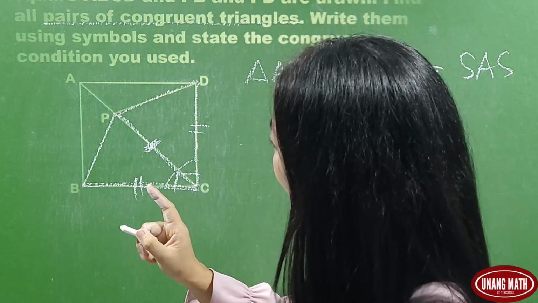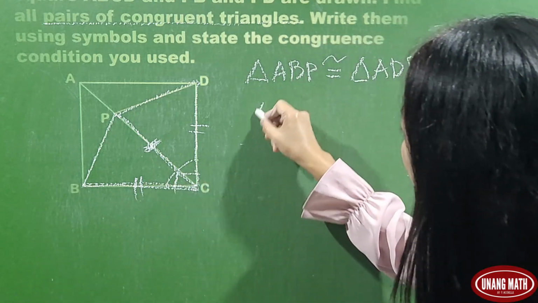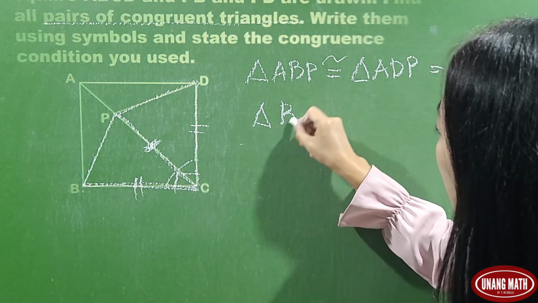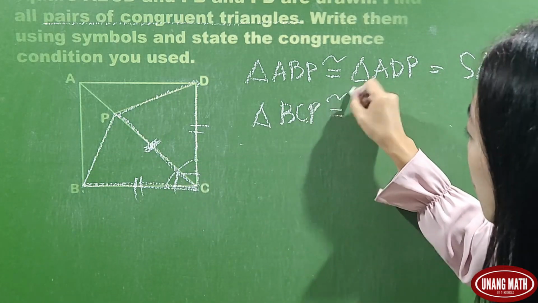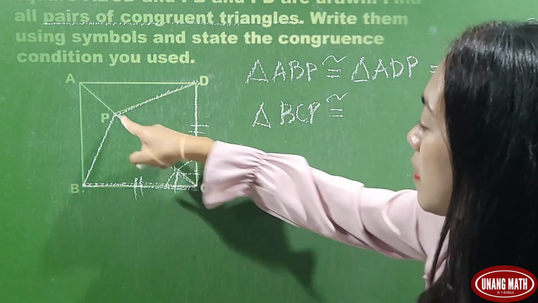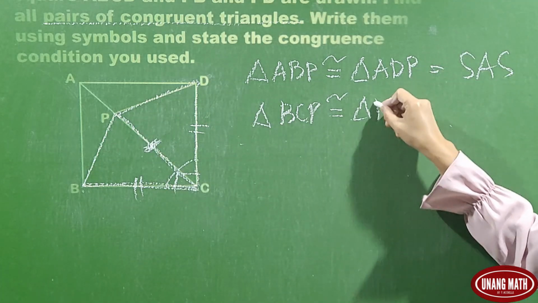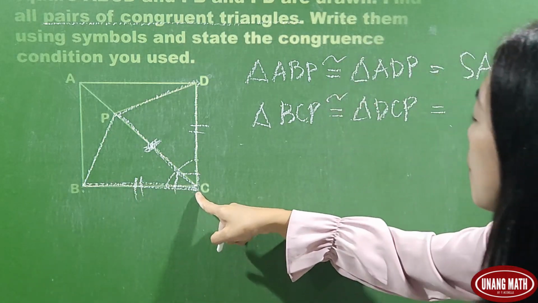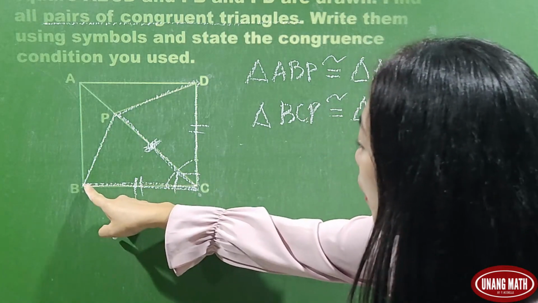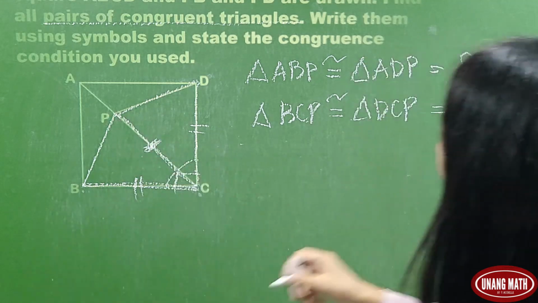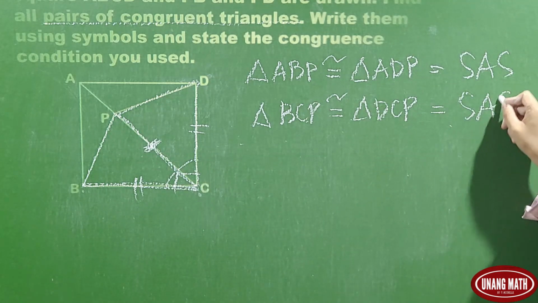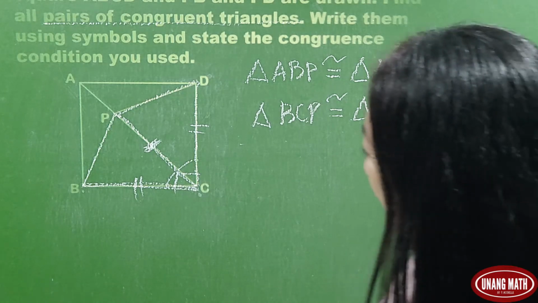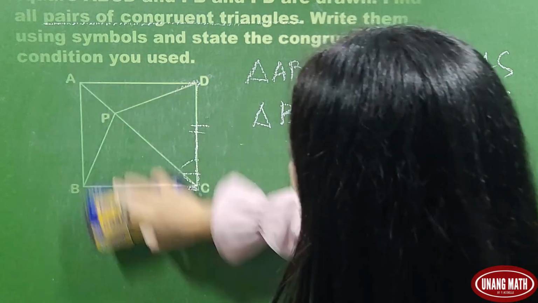So we can say that triangle BCP is congruent to triangle DCP. And what congruence condition do we use? Side, angle, side, so SAS congruence.